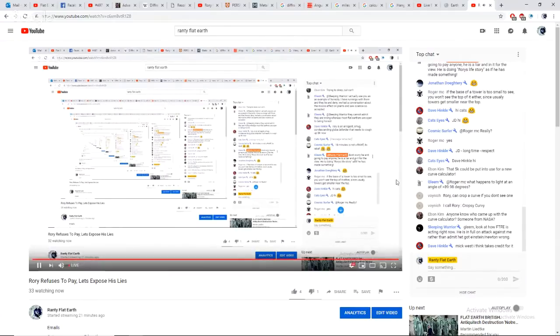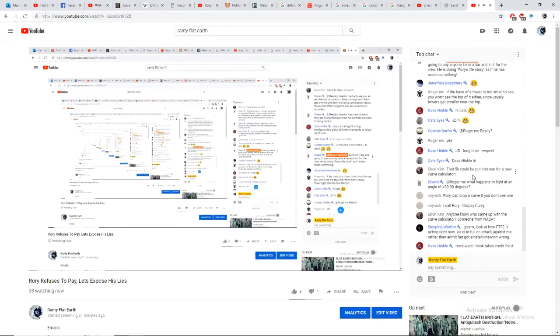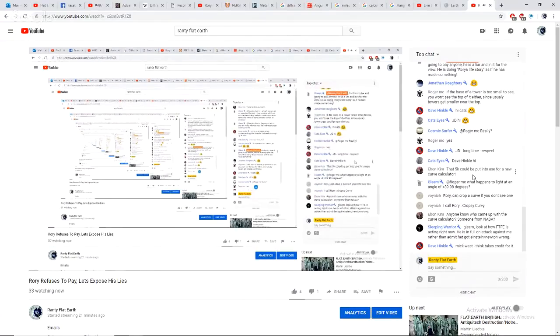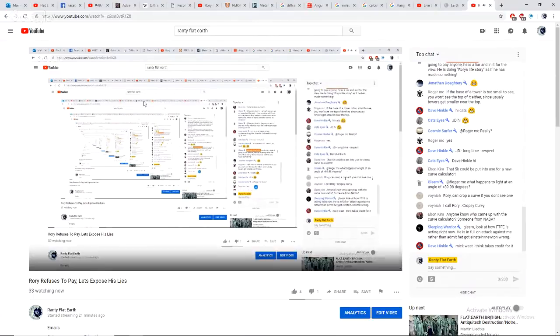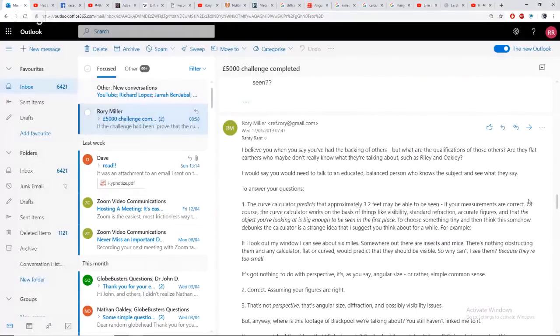The curve calculators don't include perspective. They don't include things getting smaller with distance, which was his point here, basically saying that the curve calculators take this into account. Obviously, it's got to be big enough to be seen in the first place. The curve calculators don't include that. That's our point.